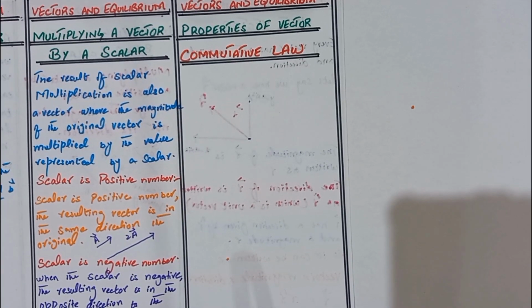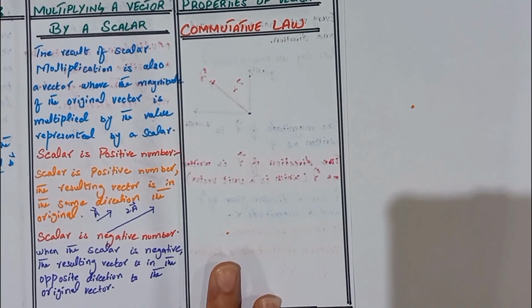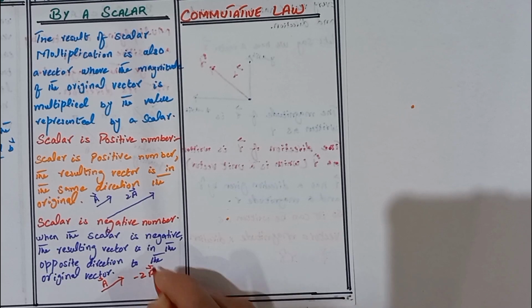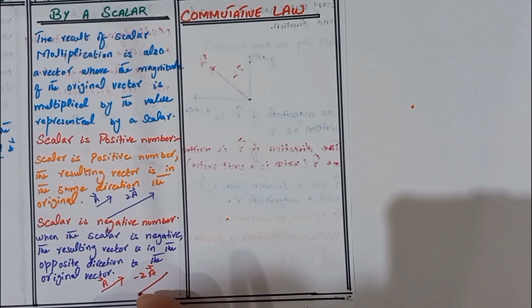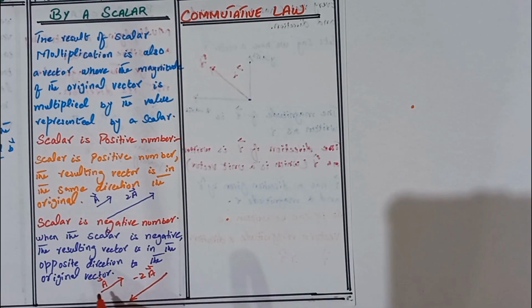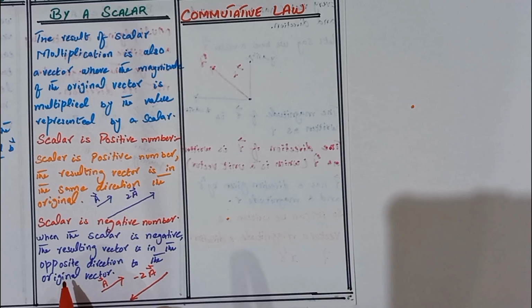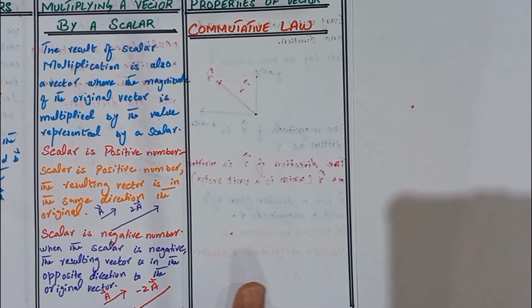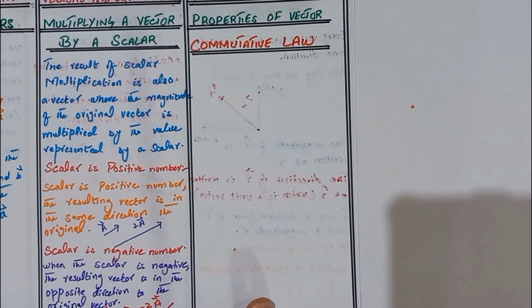Let's suppose here we again take the vector A and multiply it by a negative number. This is the vector A. If we multiply by negative 2, then it increases its magnitude and also reverses its direction. So here is the opposite direction of the vector A when we multiply by a negative number. This is how we multiply a vector by a scalar number, whether the number is positive or negative.